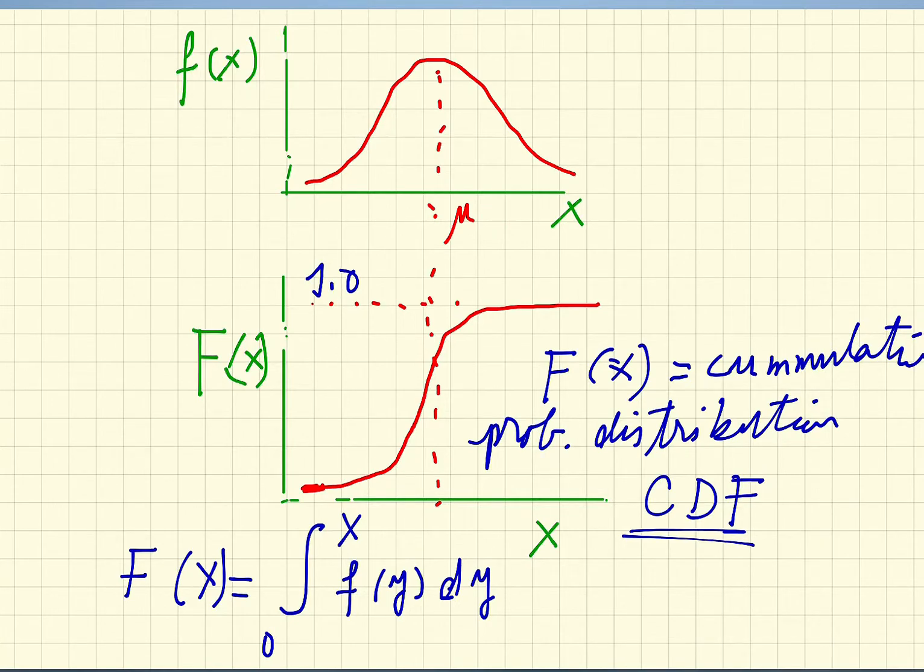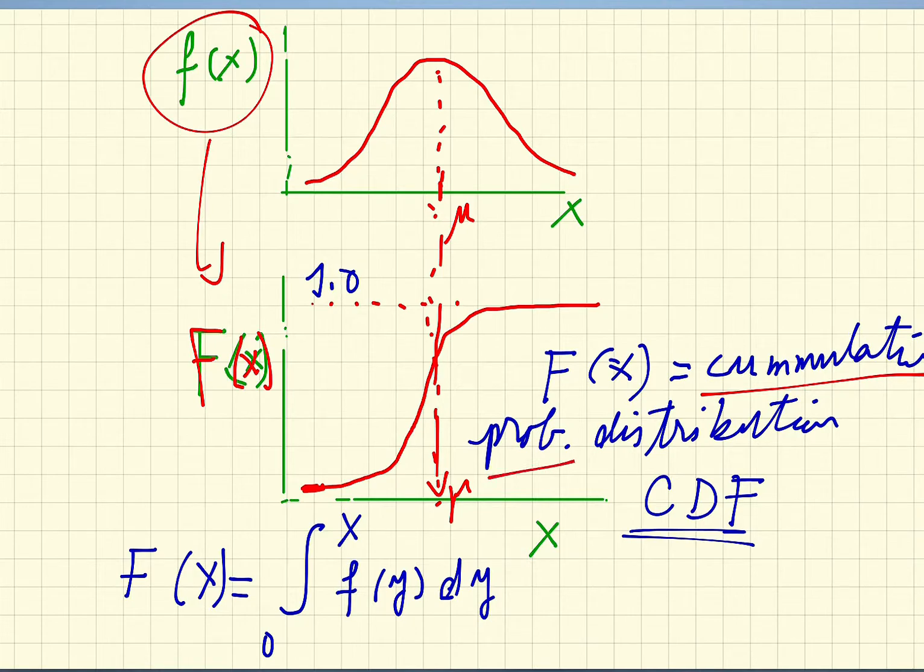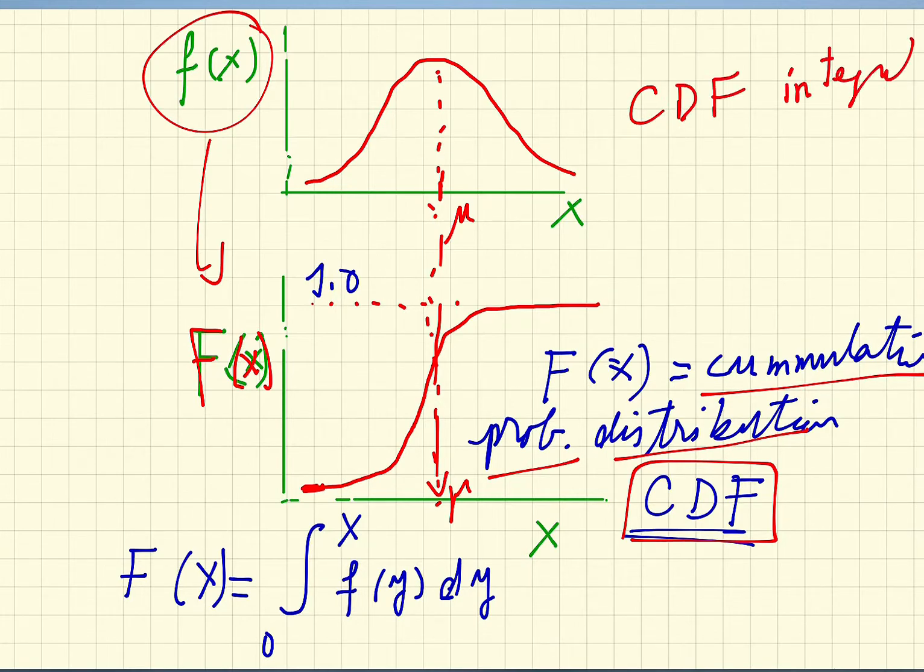Now if I integrate f of x, I obtain another function that has the capital letter F of x, and this function is called the cumulative probability distribution function, or the CDF. So the CDF is the integral of the PDF, and it describes the probability that the strength will be up to a given point.